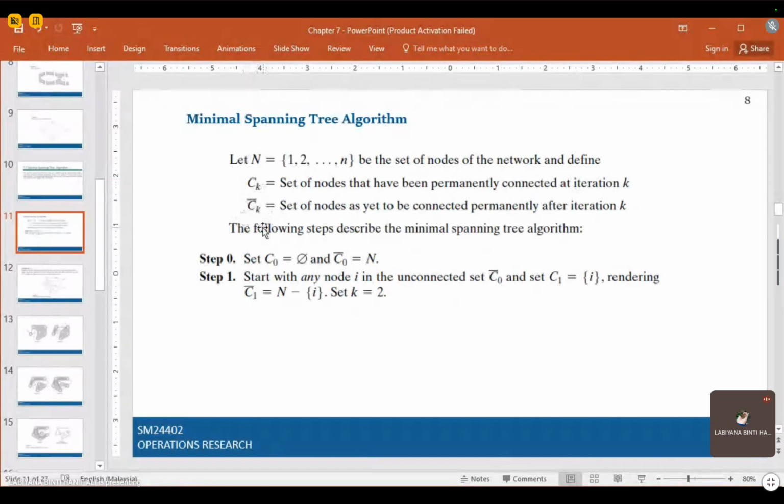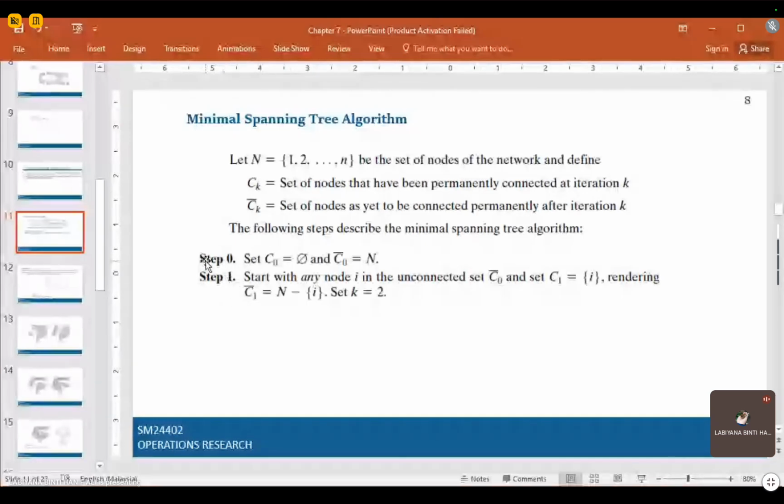We also have C bar k, which is the set of nodes yet to be connected permanently after iteration k. So we have the permanent one and the non-permanent one. The following steps describe the minimal spanning tree algorithm. We have only two steps.